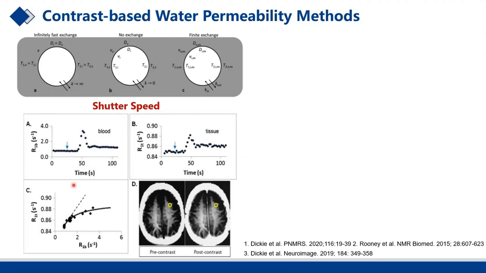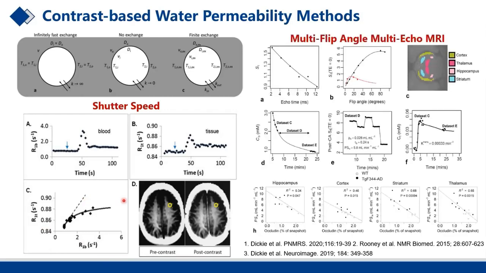For example, you can measure the signals after the first pass of the bolus, and then use the shutter speed model to fit the relationship between the R1 of tissue and the R1 of blood. And this relationship is indeed dependent on the water exchange rate. Secondly, you can also use new sequences such as a multi-flip angle, multi-echo sequence to give you more information, and that will characterize this two-compartment model better.